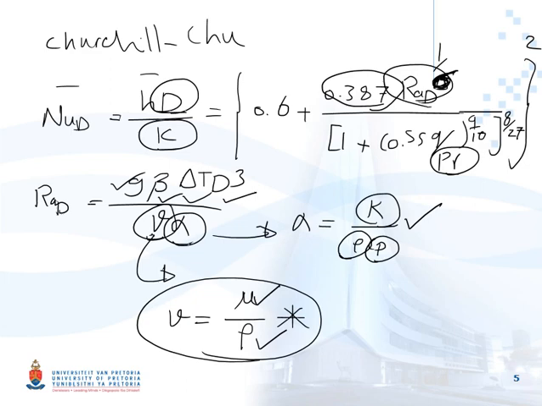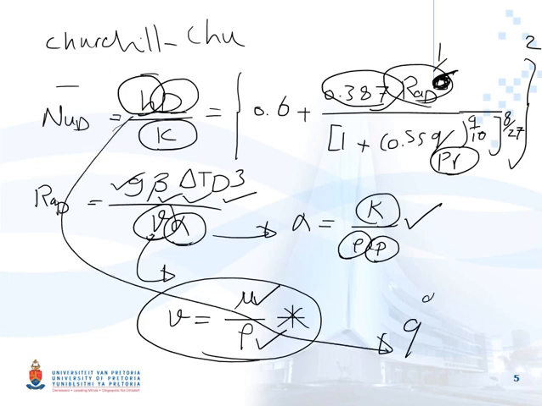So you have the Rayleigh number, and you calculate the Nusselt number. When you have the Nusselt number, after that you calculate H. When you have H, you can easily calculate Q dot equal to H delta T. You can calculate Q dot.